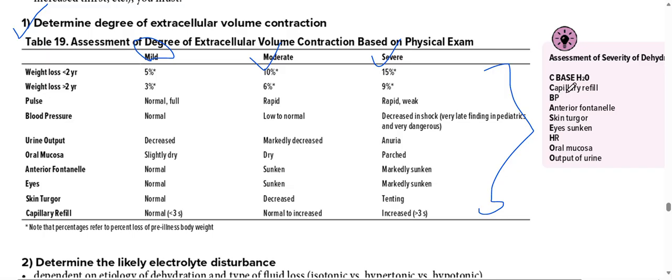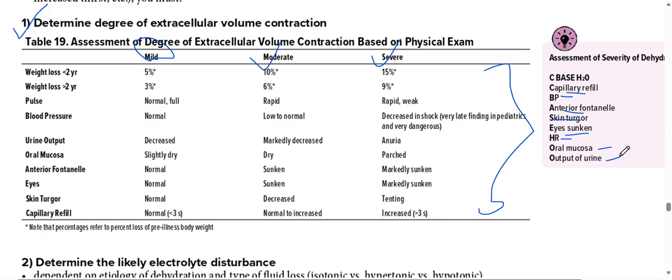So C is capillary refill time, B for blood pressure, A for anterior fontanelle, we need to check it, then skin turgor, then sunken eyes, then the heart rate, then oral mucosa involvement and urine output. So we need to get an idea that severity of dehydration can be assessed with the help of all these factors.